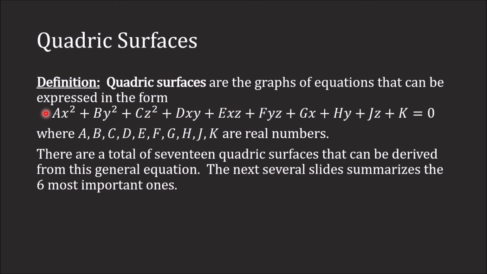Now, there are a total of 17 quadric surfaces that can be derived from this general equation. We are going to study in depth 6 of them, and the next several slides are going to summarize these 6.